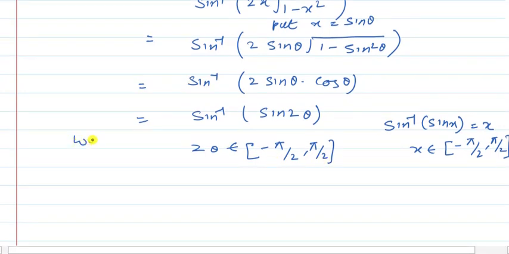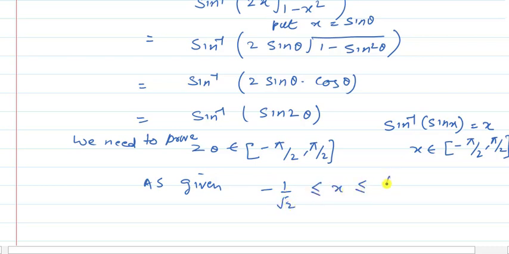So we'll write here, we need to prove this thing. So for this, as given, minus 1 upon root 2 less than equal to x less than equal to 1 upon root 2, and you know we have substituted x as sine theta. So let us replace this x with sine theta. Minus 1 upon root 2 less than equal to sine theta less than equal to 1 upon root 2.